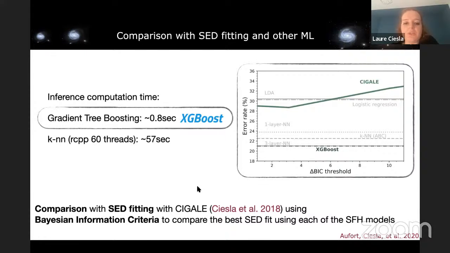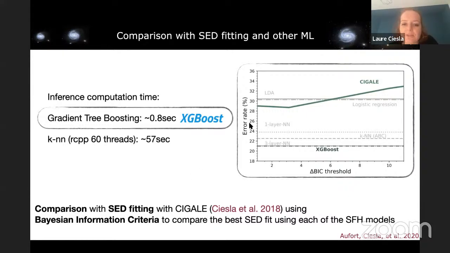method. So we have this method that provides us an answer on what is the good SFH model for your galaxies. Since we simulated a huge library of SEDs, we knew for each SED which one we used, the delayed or the delayed plus flexibility. And then we could test the method and see if it was wrong or right in recovering the good SFH model.